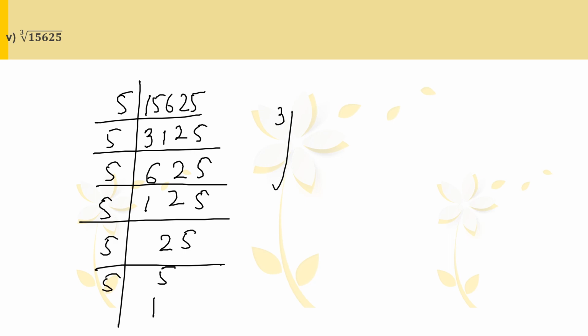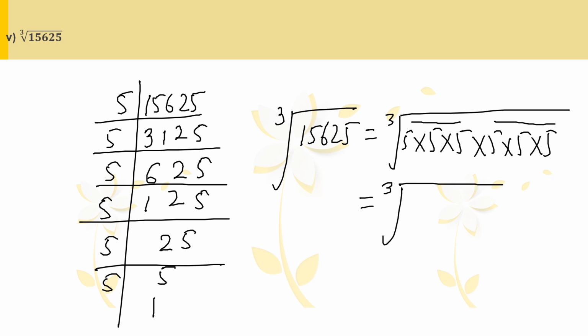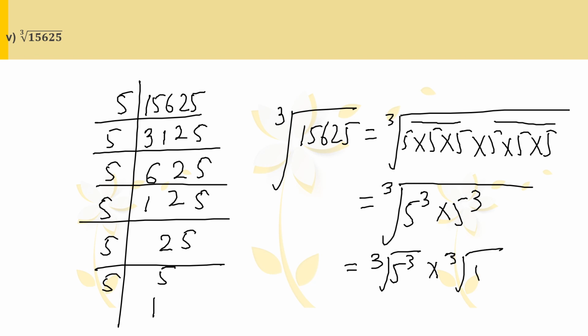Now I can write it as cube root of 15625 is equal to cube root of 5 multiplied by 5 multiplied by 5 multiplied by 5 multiplied by 5 multiplied by 5. All of these are perfect cubes which you have in your exercises, so they are quite simple to solve. 5 cube multiplied by 5 cube, and then you will separately apply the root, cube root of 5 cube multiplied by cube root of 5 cube.